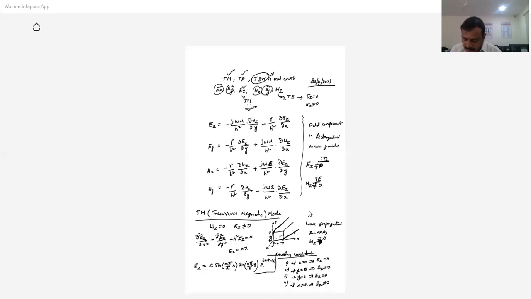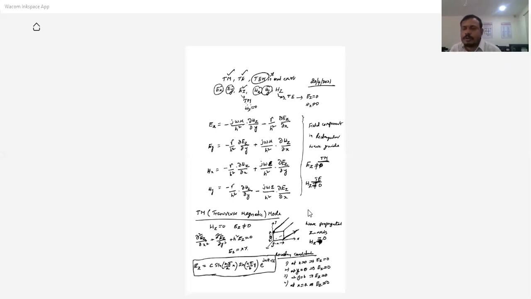So this is the equation for the Ez in the transverse magnetic mode. Okay, so you have to see this.